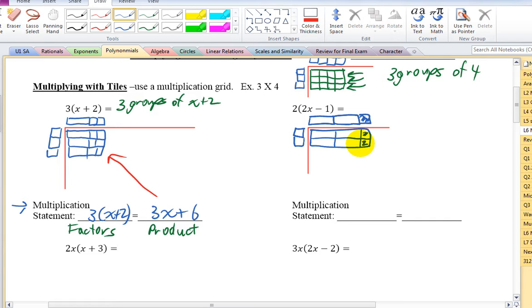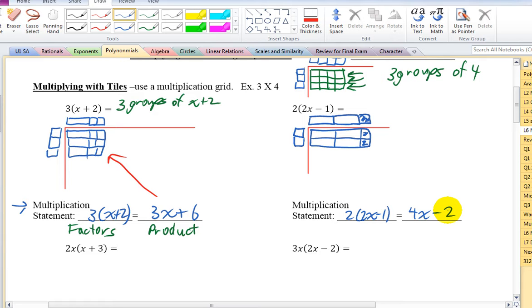Don't forget to shade in your negative ones, okay? So when drawing these, no color is positive, shade is negative. Who has the multiplication statement? Xander? Minus 2. Good.